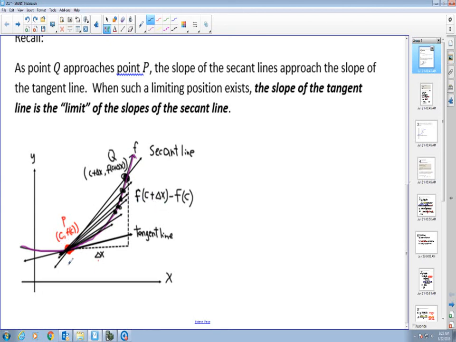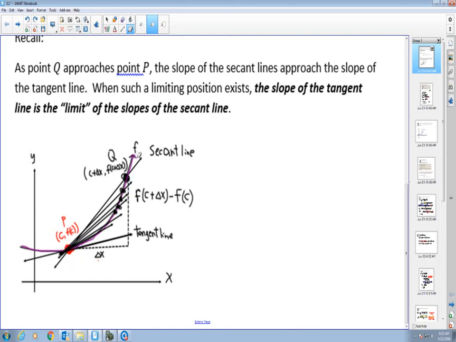From this x value to that x value, to reach there, I can just add the change. If this is 1, this is 4, then the change between the two will be 3. Therefore, going from c, 1 plus 3 will reach the x value for point Q.